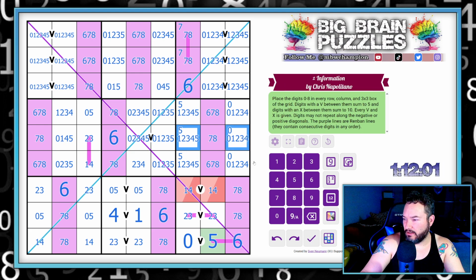Same thing here. This can't have a 2 or 3, so no 2 or 3. This can't have a 4, meaning this can't be a 1. Do I have enough here?